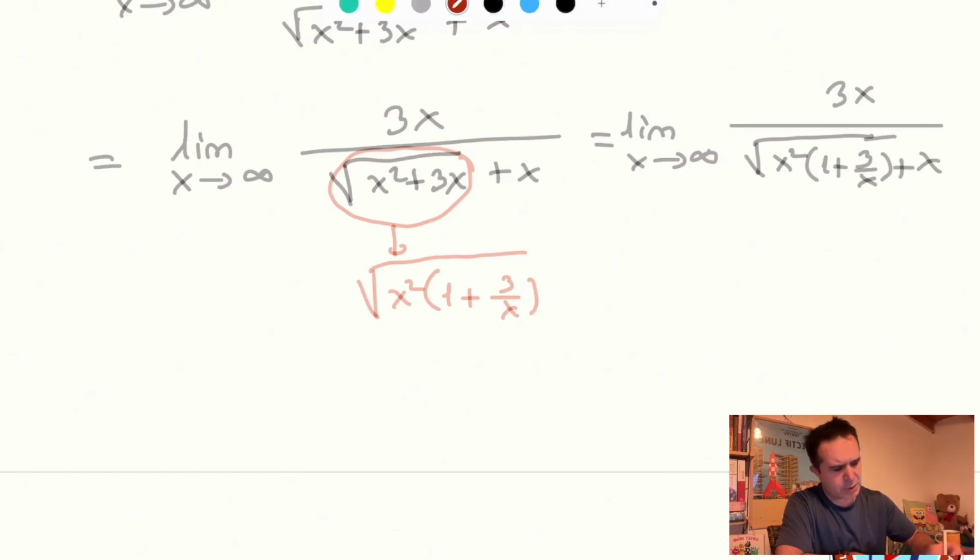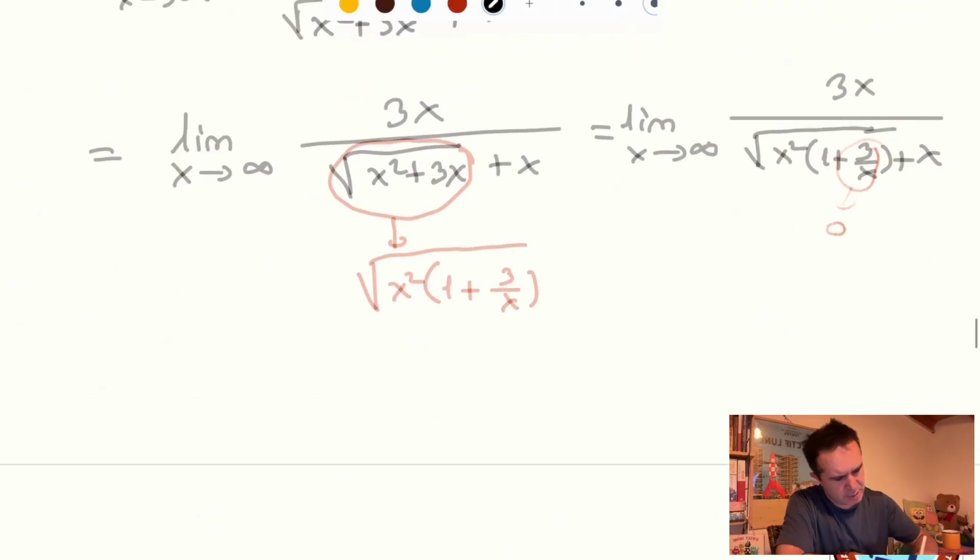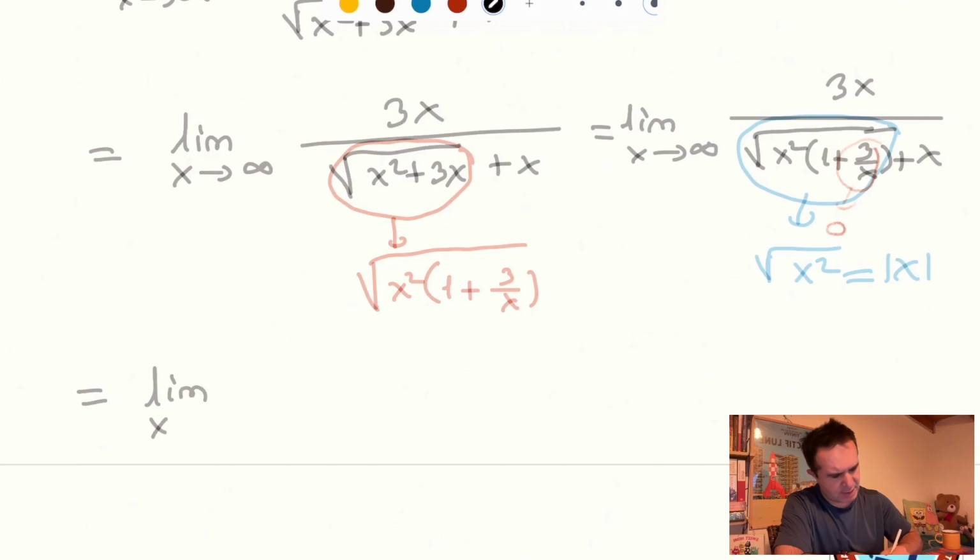As x approaches infinity, 3 over x approaches 0. Then for this part here we just have the square root of x squared. The square root of x squared is equal to the absolute value of x. Then we have the limit as x approaches infinity of 3x divided by the absolute value of x plus x.